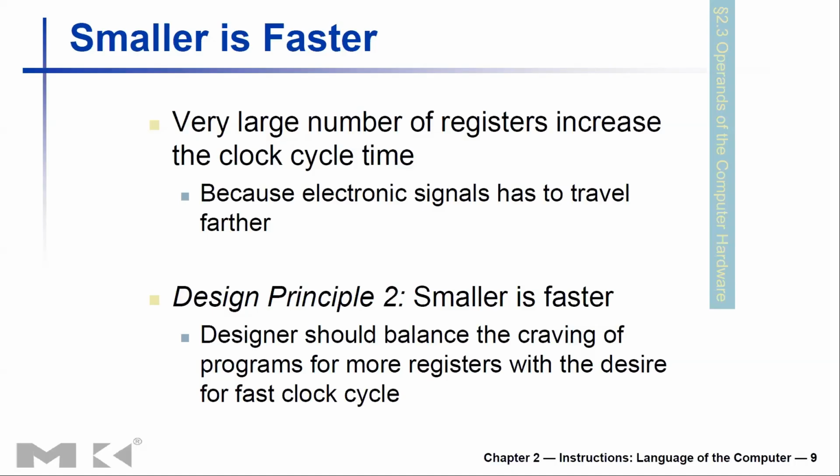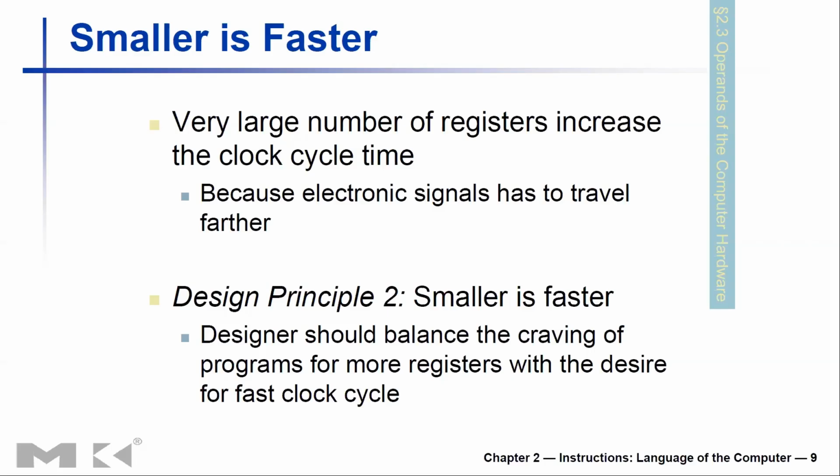When you have something like 30 registers, it's going to make the circuit larger, and the electronic signals have to travel farther. Because of these reasons, the clock cycle time has to be increased, which makes your design slower.